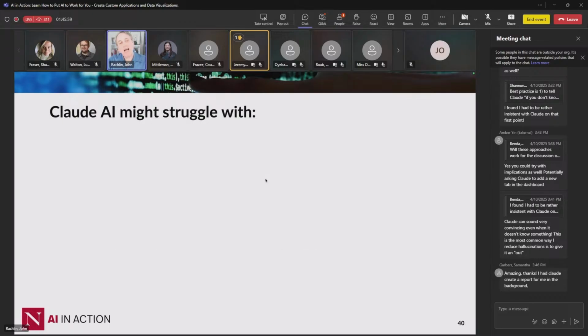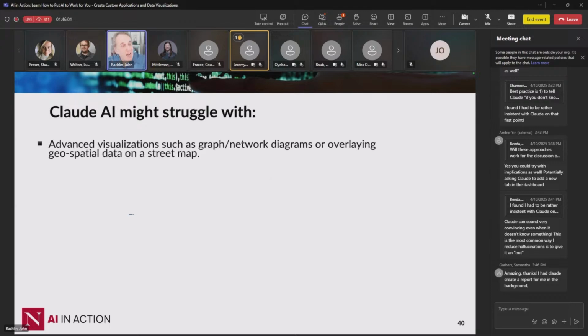Now, where Claude AI might struggle, I would say if you're trying to develop really advanced visualizations, I didn't have much luck trying to create graph diagrams or network diagrams, or in a few cases, I tried to overlay data on top of a map of a city and to do geospatial mapping. That I think still needs a little bit of work.